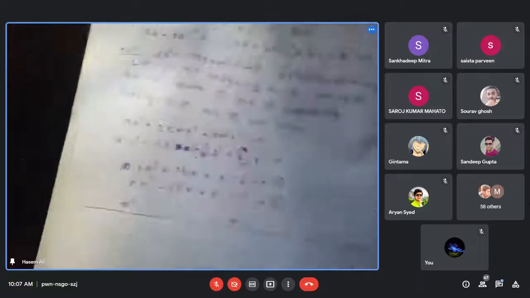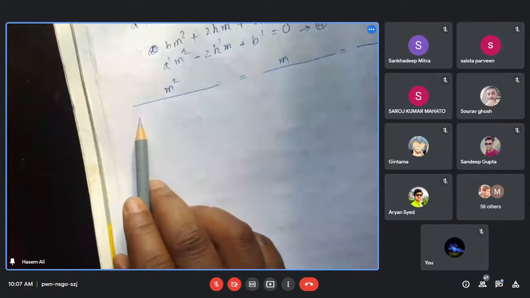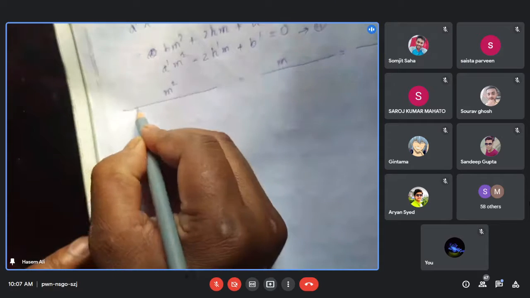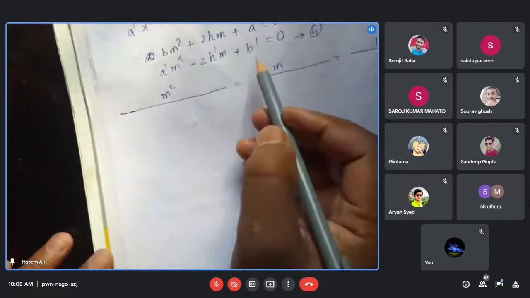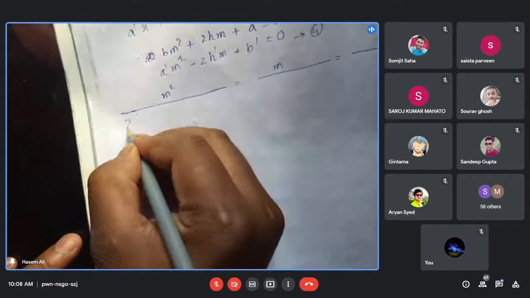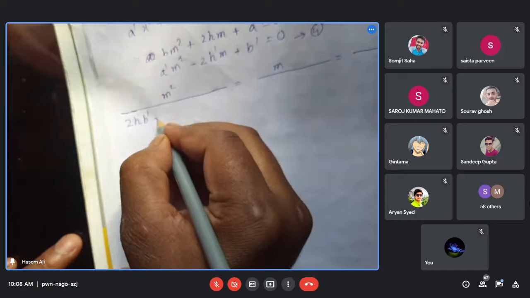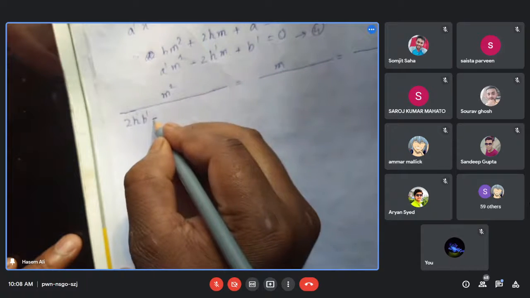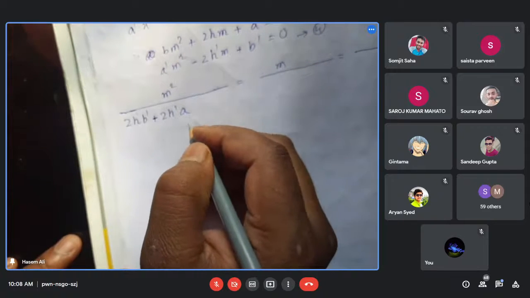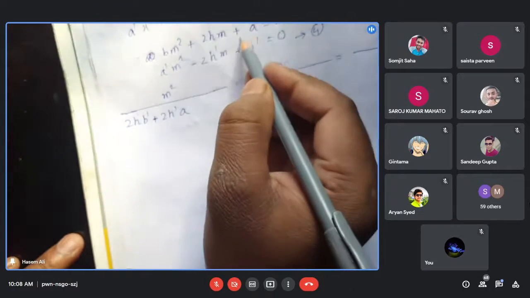Yes, cross multiplication. Then there will be 2h dash minus minus plus 2h dash a. Then minus of this.